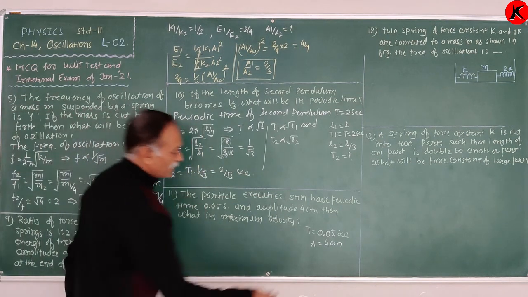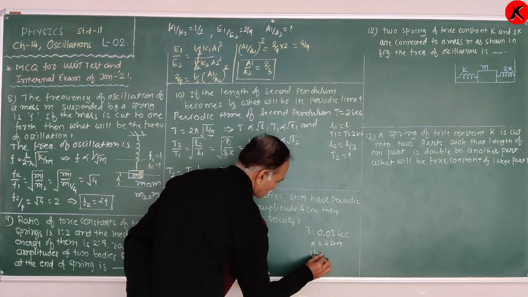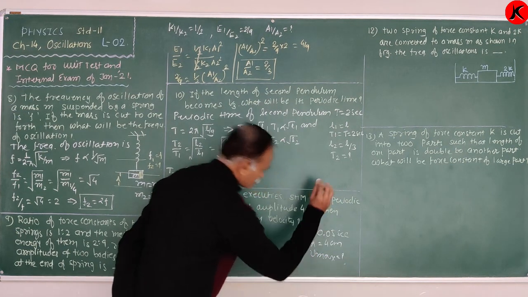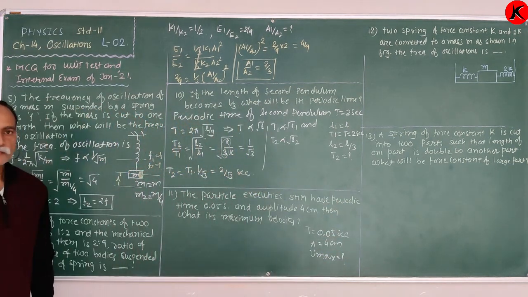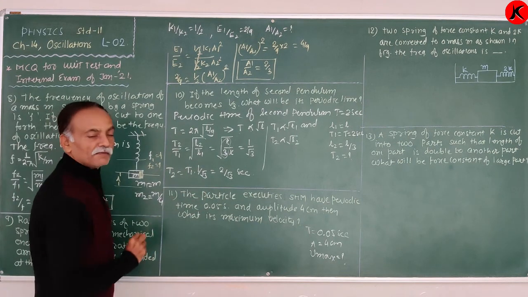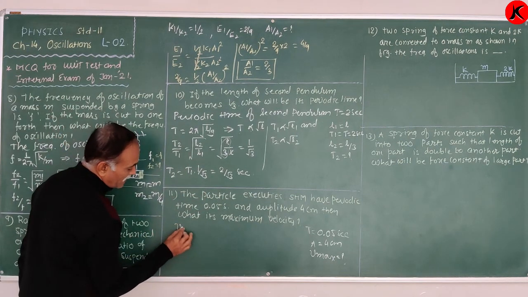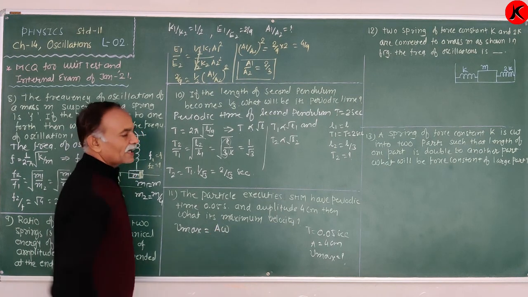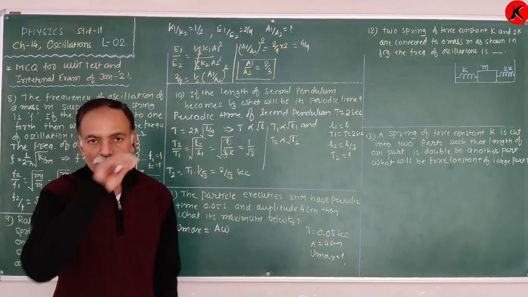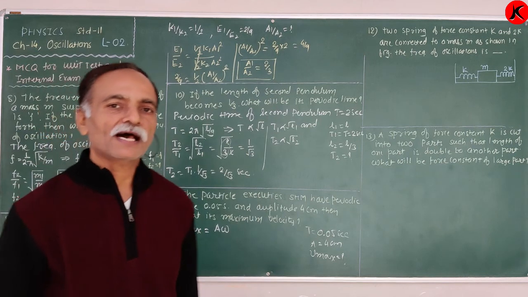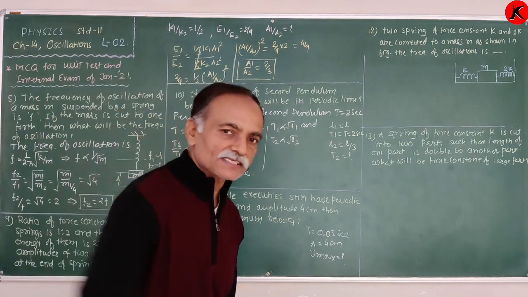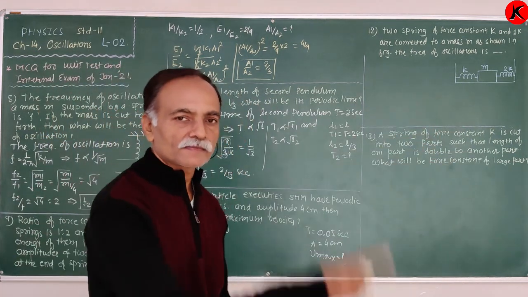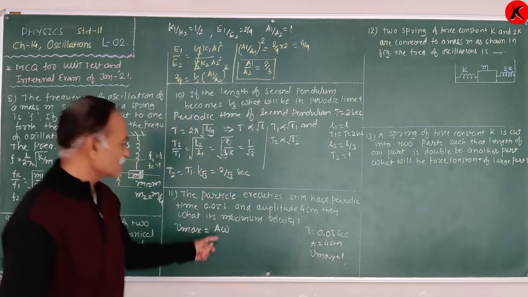We have to find V maximum. We know the equation of maximum velocity, V maximum is equal to plus or minus A omega, because whenever a particle performs simple harmonic motion, at the mean position its velocity is maximum, and this maximum velocity is equal to A omega.